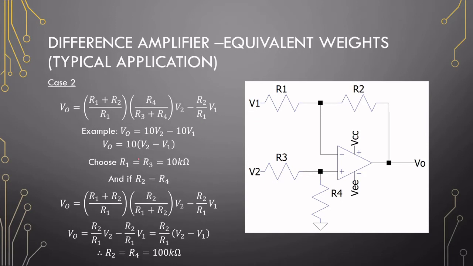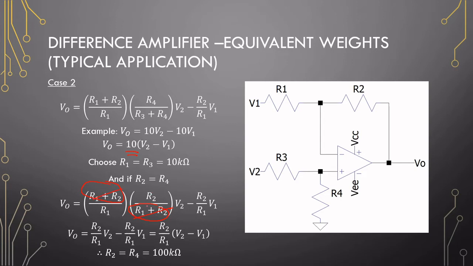Case 2, the one that we will be using as our example later on. We want a similar gain and the subtraction of the two values being inputted. So again, we can choose R1 and R3 the same value, keeping the input impedances the same. And we can set R2 and R4 the same. So by doing this, our equation changes so that this top half here and this bottom here cancels one another.